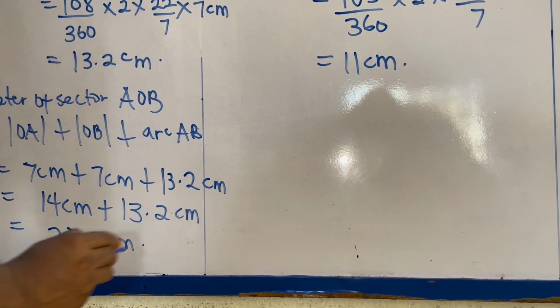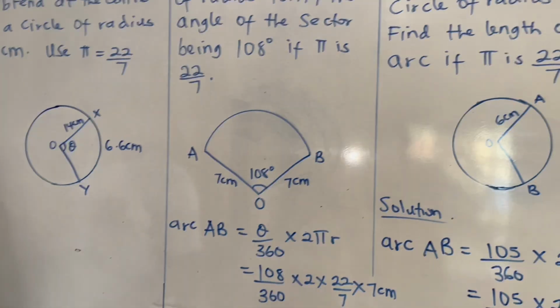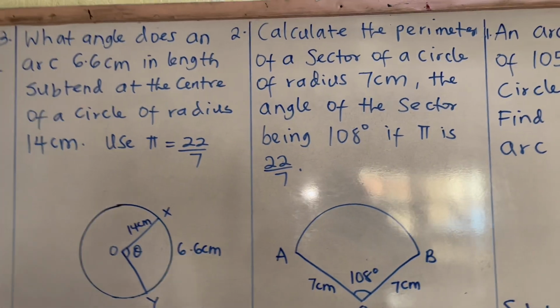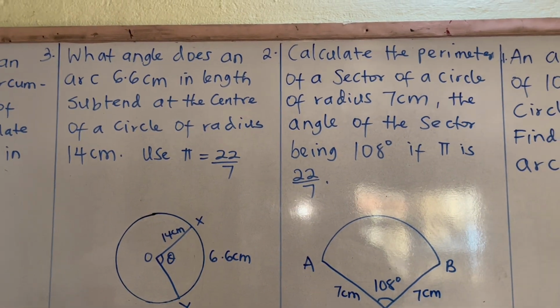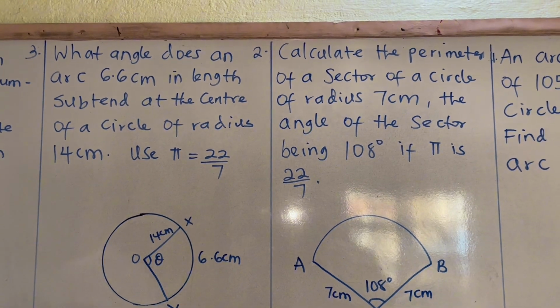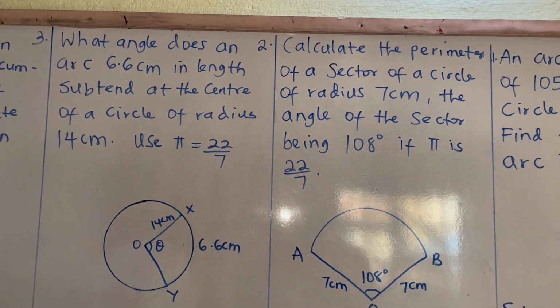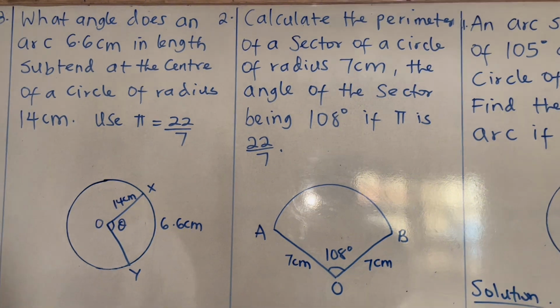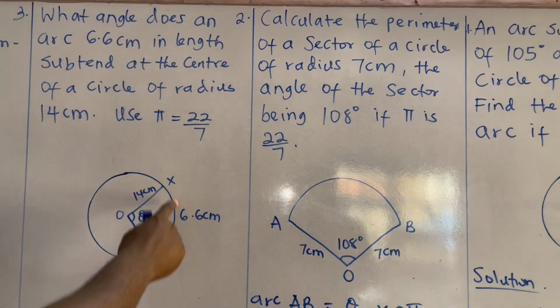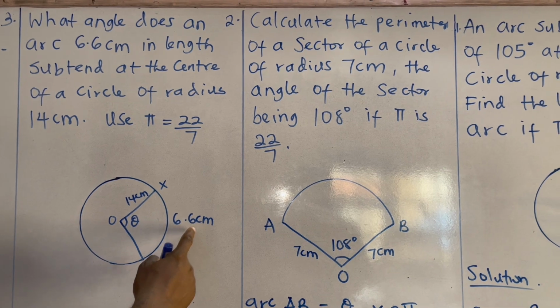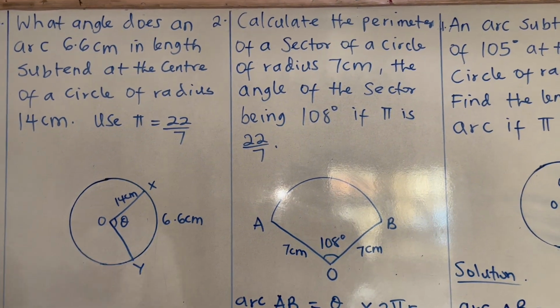That will give us 27.2 centimeters. The next question we have: what angle does an arc 6.6 centimeters in length subtend at the center of a circle of radius 14 centimeters? Use pi as 22/7. Now we have the arc here, XY, which is 6.6 centimeters.